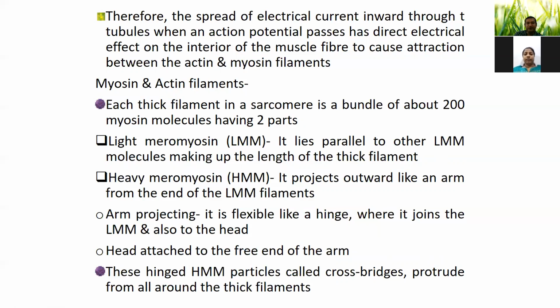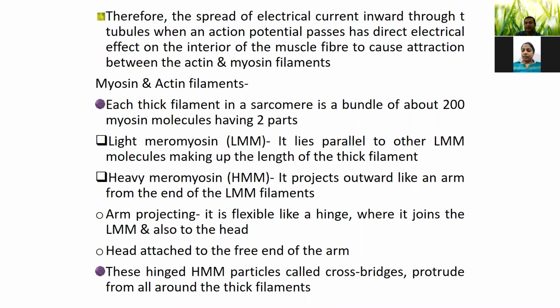Regarding the myosin and actin filaments, each thick filament in a sarcomere is a bundle of about 200 myosin molecules, in two parts: light meromyosin and heavy meromyosin. The light meromyosin lies parallel to other light meromyosin and makes up the length of the whole thick filament.